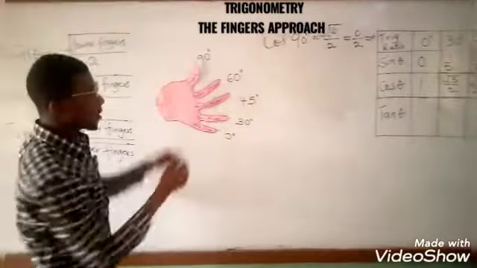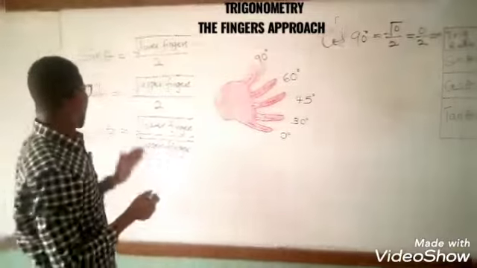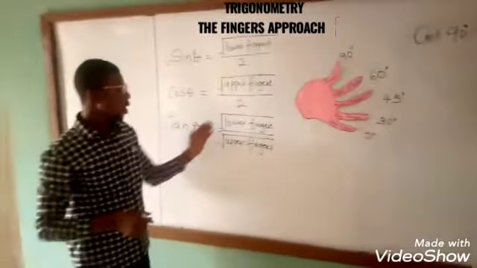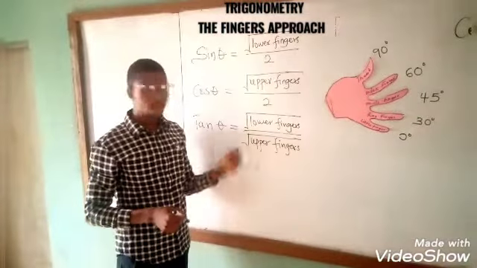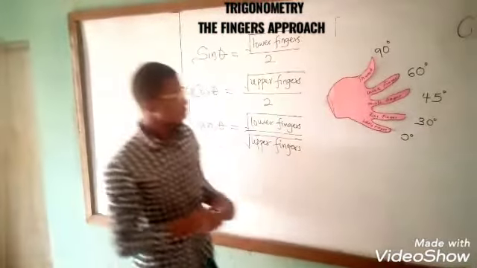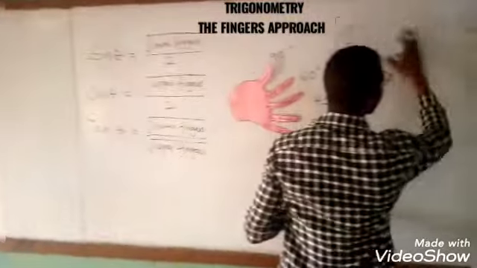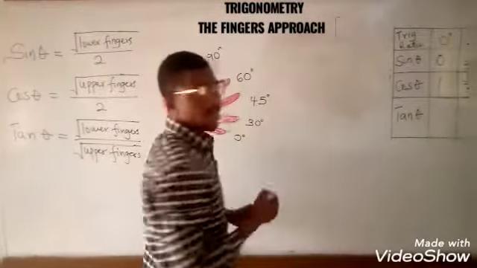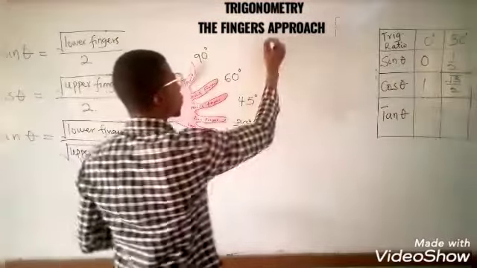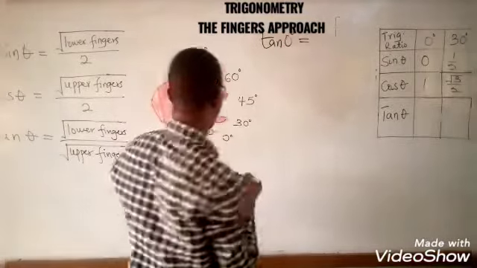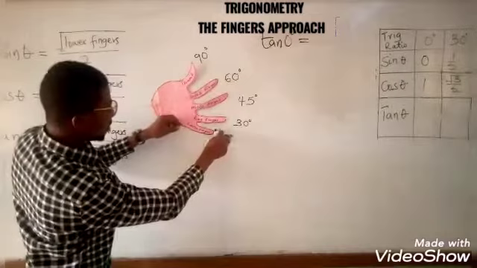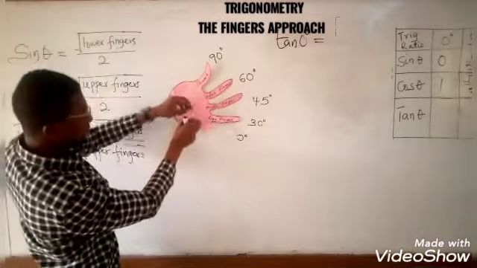Let's look at the tan. Tan theta is the square root of the lower fingers divided by the square root of the upper fingers. So let's look at tan 0 degrees. We have this folded.